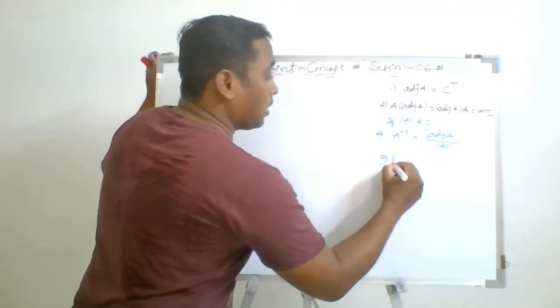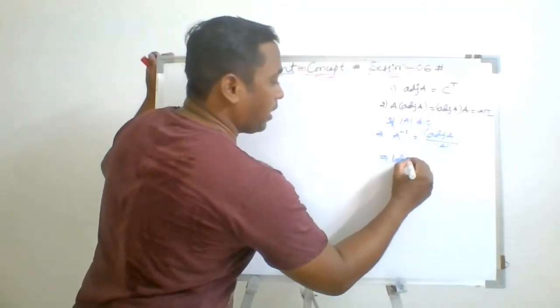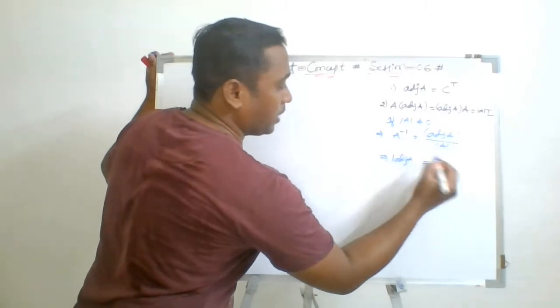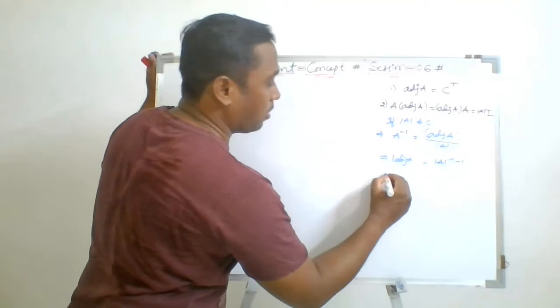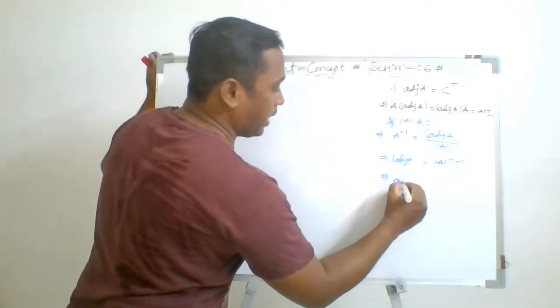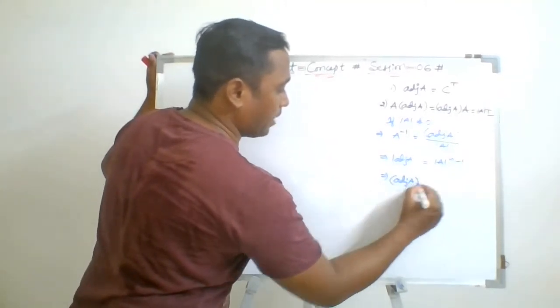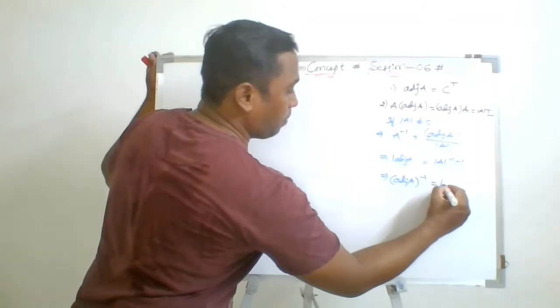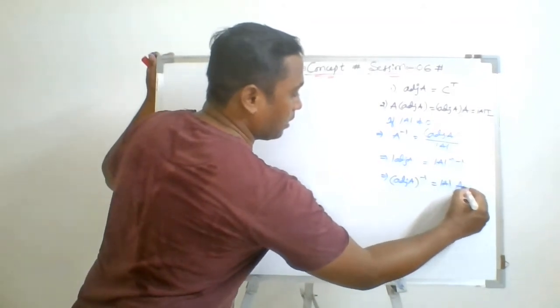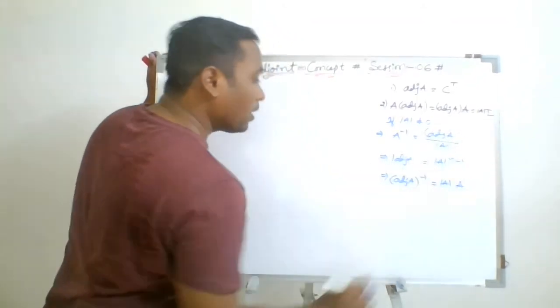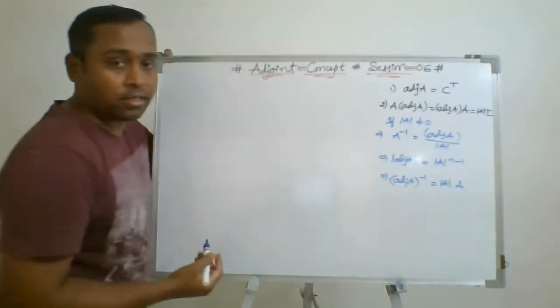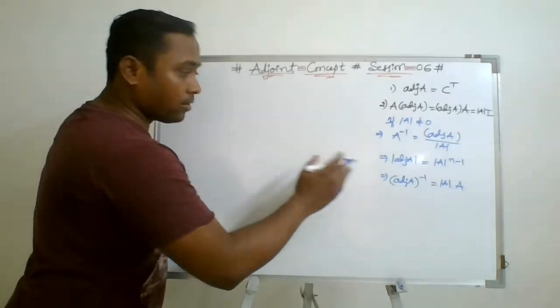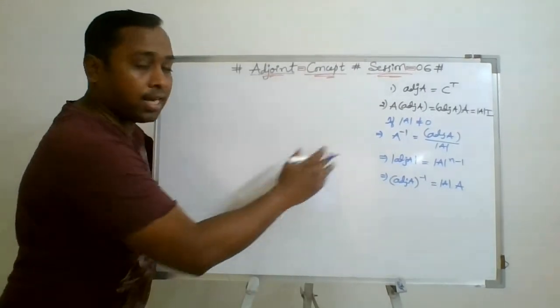Similarly, determinant of adjoint A, we have derived just before, is det A to the power of n minus 1. And we can also write the inverse of adjoint A is simply det A into A. So these are the sub results we have derived from this result. Apart from this, these are there in the NCERT textbook.